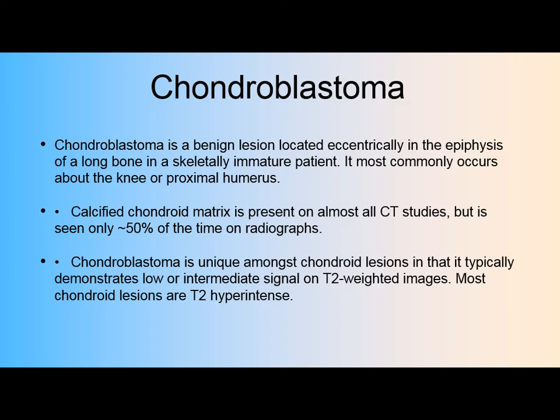Calcified chondroid matrix is present in almost all on CT, but on X-ray only in 50%. Chondroblastoma is unique among chondroid lesions in typically showing low or intermediate signal intensity on T2; other chondroid lesions have high signal intensity.